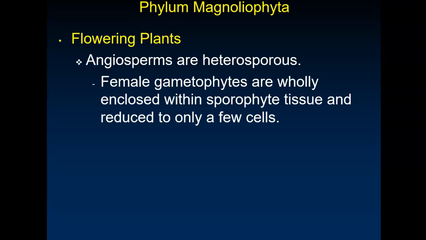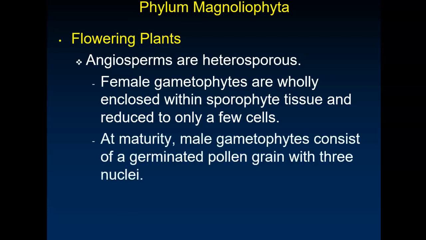They are heterosporous, and so in the case of the female gametophyte, they are just confined to being a few cells. They're completely inside the sporophyte. They're completely dependent on the sporophyte tissue as well. The male gametophyte is really just a germinated pollen grain, and there are 3 nuclei associated with that male gametophyte.